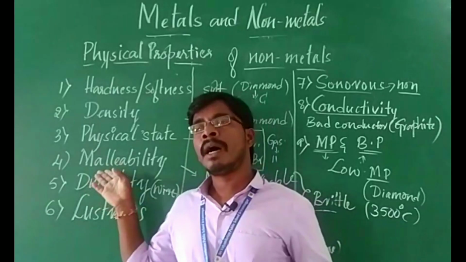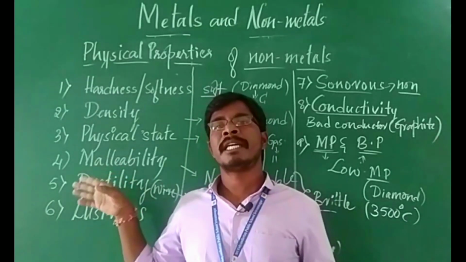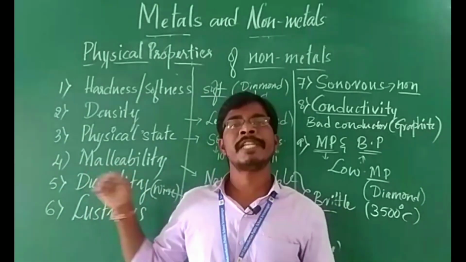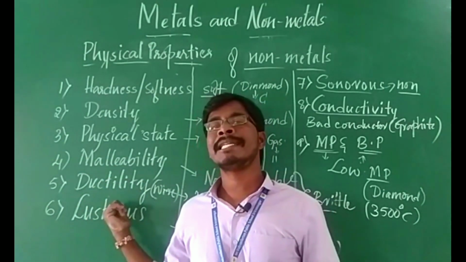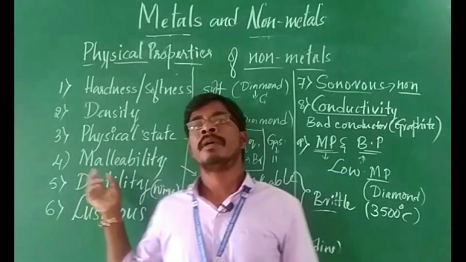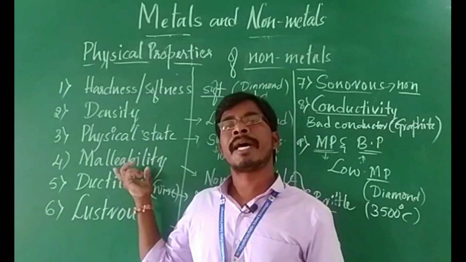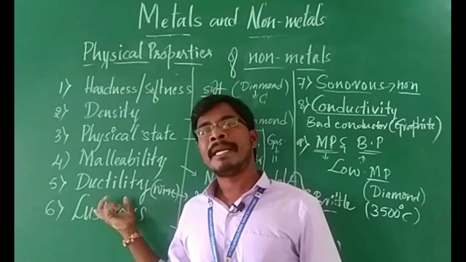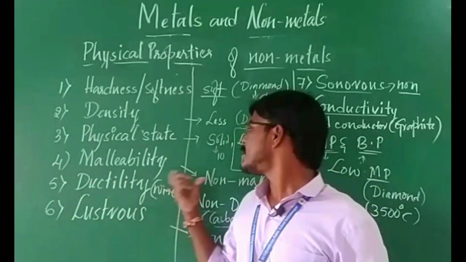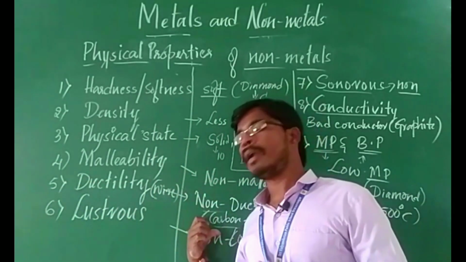Then about malleability and ductility. Malleability is the formation of thin sheets. Ductility is the property of an element to form thin wires. All the metals are malleable and all the metals are ductile. But all non-metals are non-malleable and non-ductile.